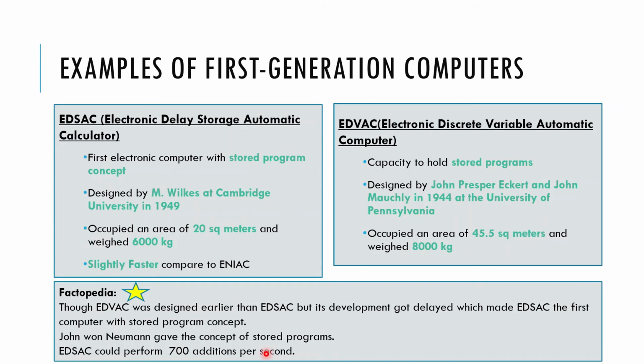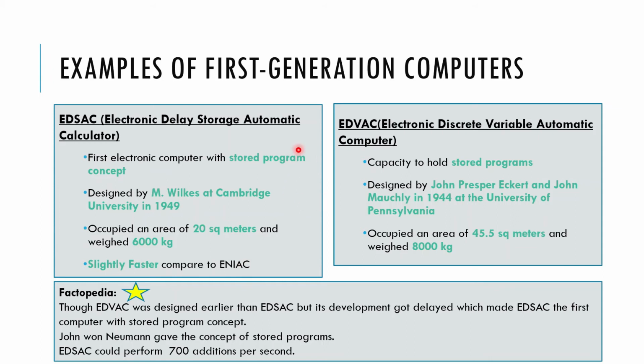So the points which you need to remember regarding EDSAC are: full form of EDSAC, Electronic Delay Storage Automatic Calculator, first electronic computer with the stored program concept, who designed it, how much area it used to occupy, and it was slightly faster compared to ENIAC.